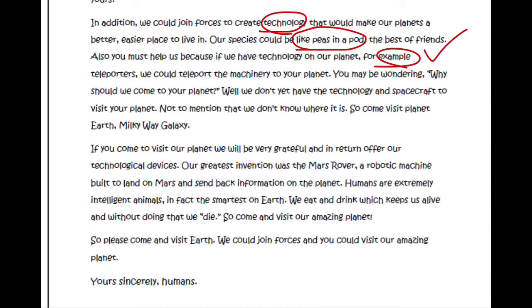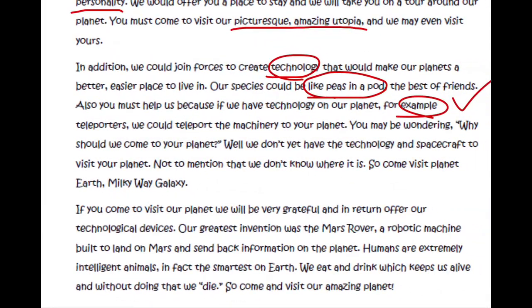Teleporters, we could teleport the machinery to your planet. We may be wondering, why should we come to your planet? Well, we don't have yet the technology and spacecraft to visit your planet, not to mention that we don't know where it is. So come visit planet Earth, Milky Way galaxy.